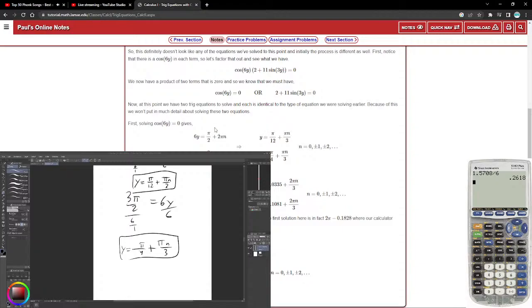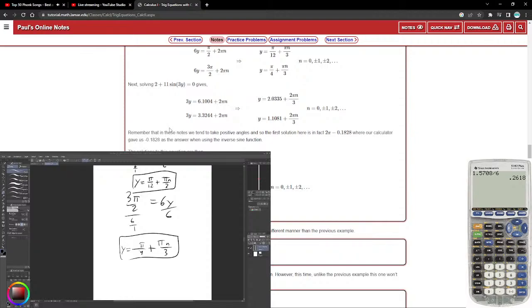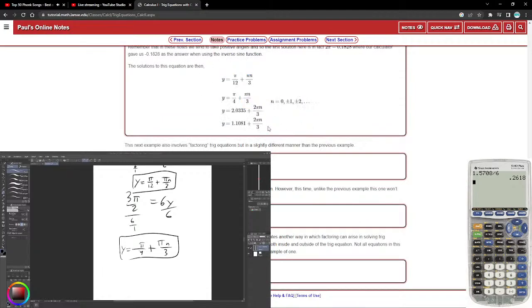Remember that in these notes we tend to take positive angles. The solutions to this equation are then whatever this is, and yeah, I already checked them, we're good. This pi n over 3, right? Yep.